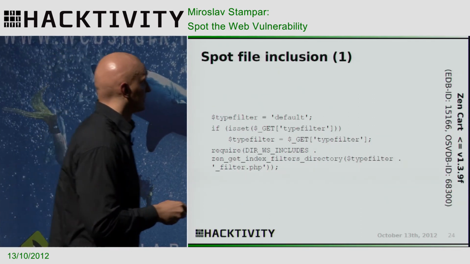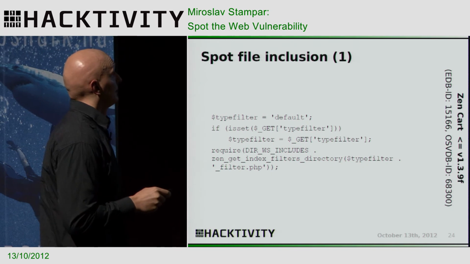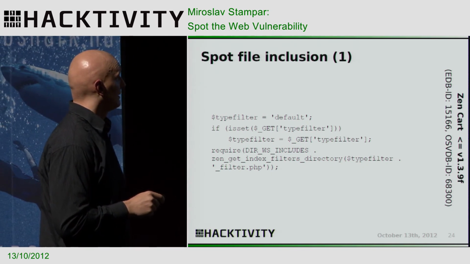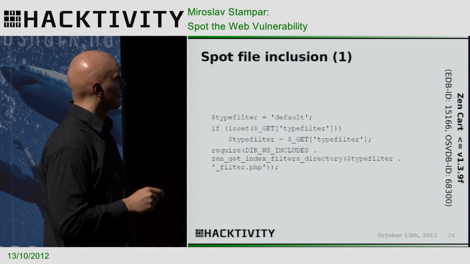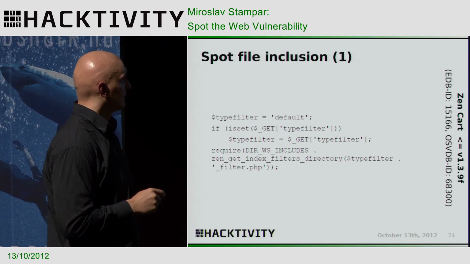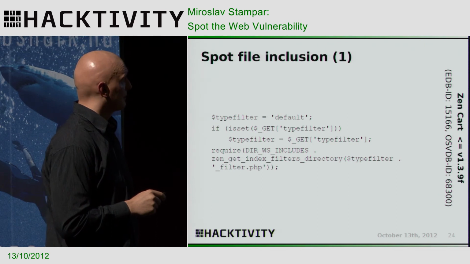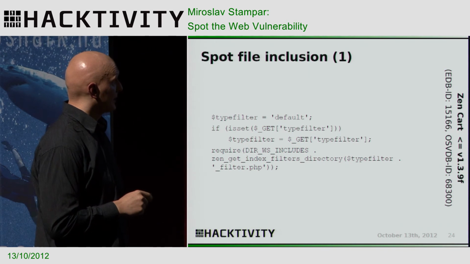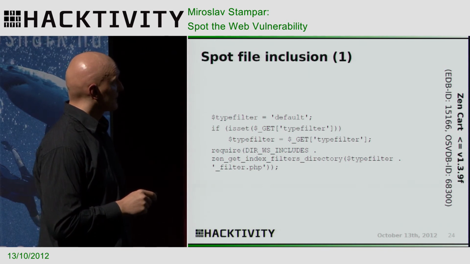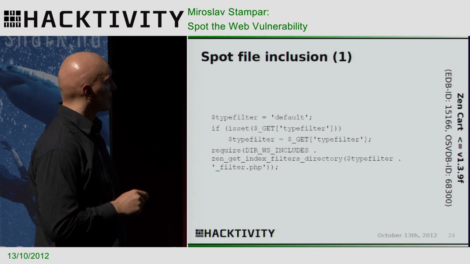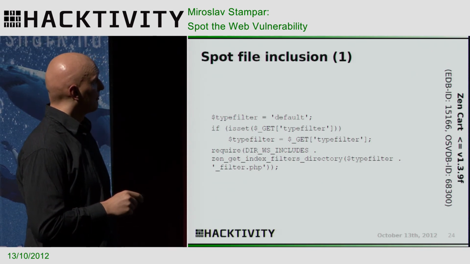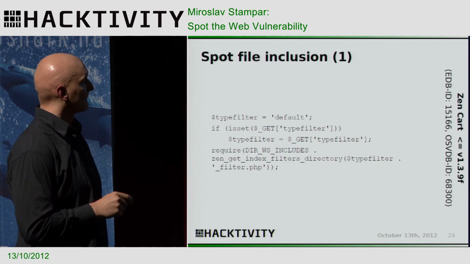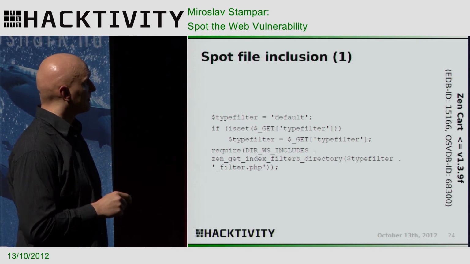File inclusion. In this example for Zencart, here you can see that the cat parameter value type filter was put into the type filter variable. Concatenated to it was filter.php. This was one local function which was too large to put inside, but it just normalized the value of the provided path.